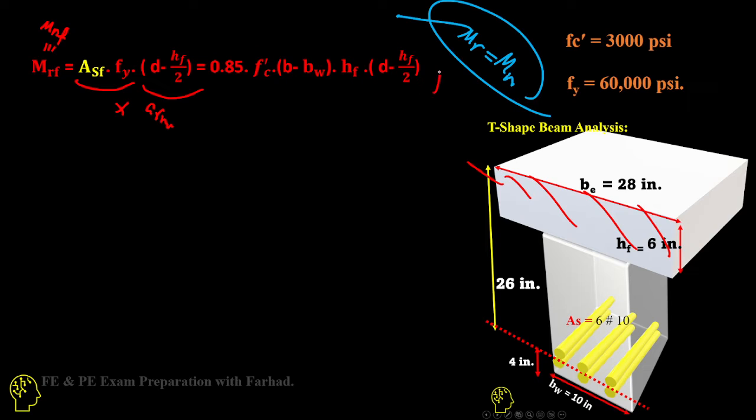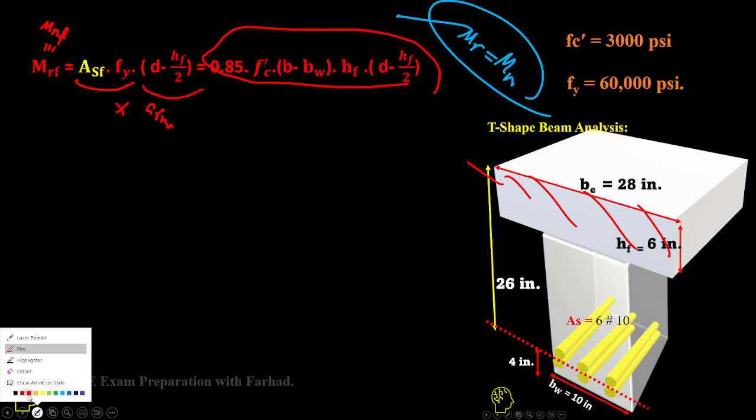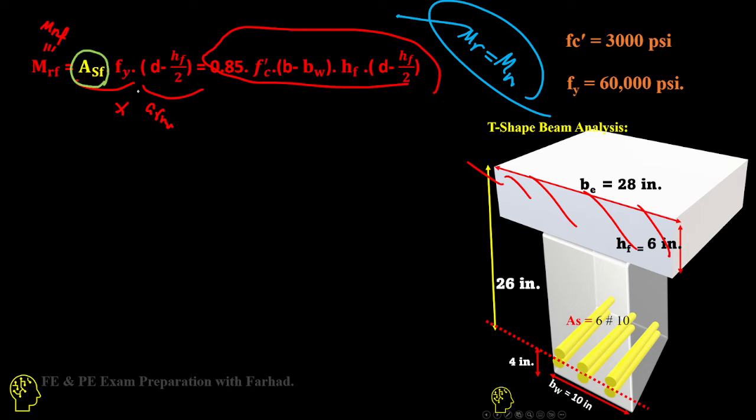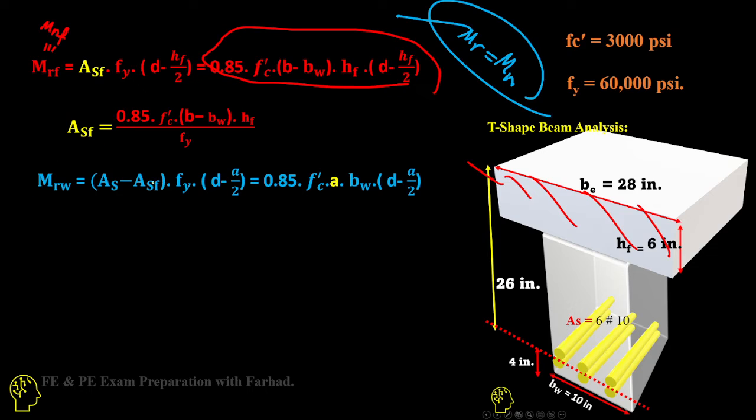That is equal to the other force in concrete, and the only unknown in this equation is the area of steel for flange. If you make these two equal to each other, it gives you what the area of steel for flange is. As soon as you have it, you can subtract it from the tensile domain, like what we have in the double reinforced section: As1 equals As minus As prime, or As2.